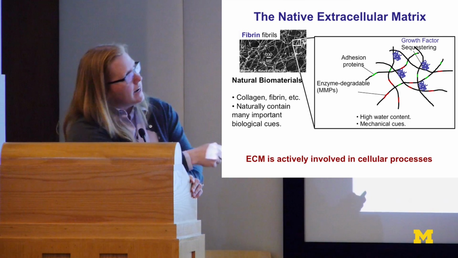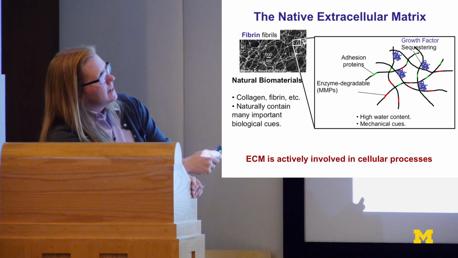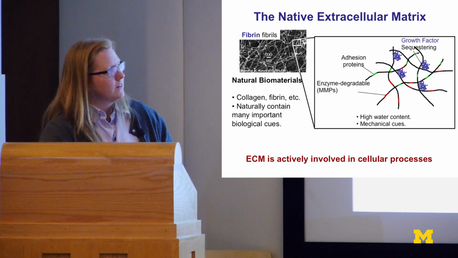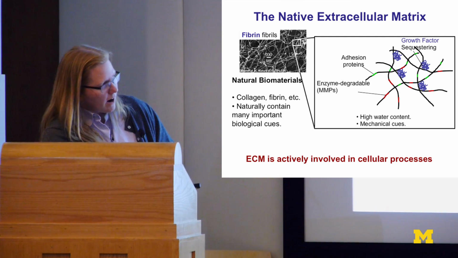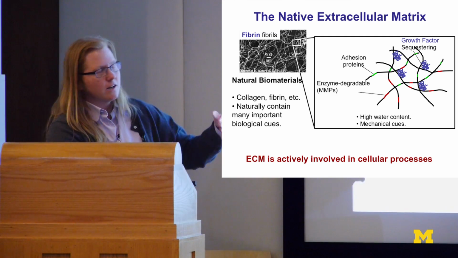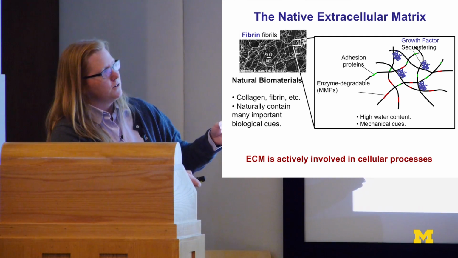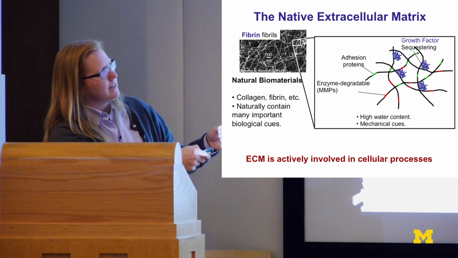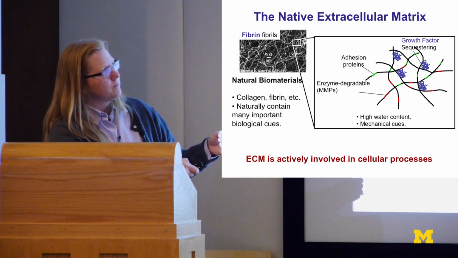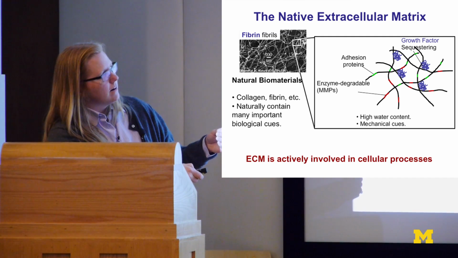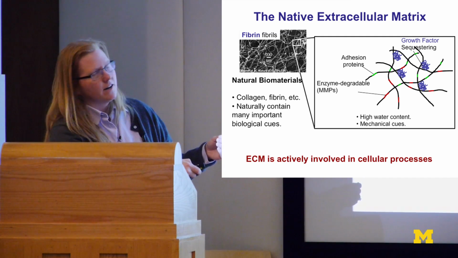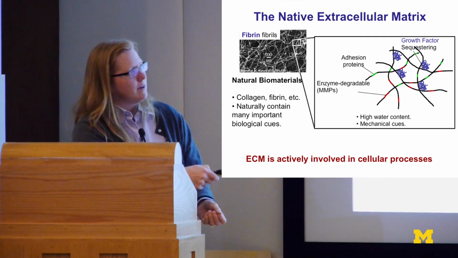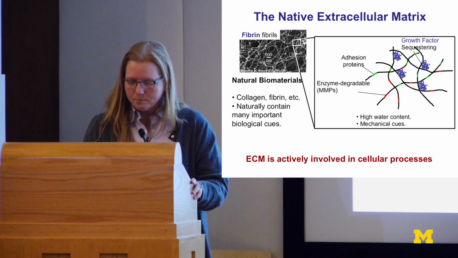And we used the native extracellular matrix as a guide to figure out how we wanted to design our synthetic material systems. And so where our synthetic hydrogels and our photolytical ones gave mechanical cues and high water content, and we could put in peptides that would mimic adhesive proteins, the big difference was that our system was light degradable, and instead we want a cell degradable, when they make enzymes that they can cleave and remodel this.